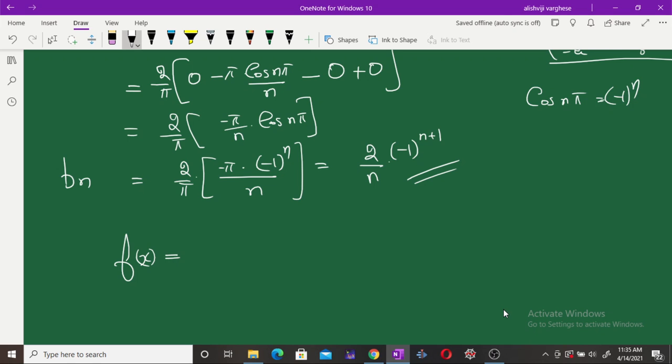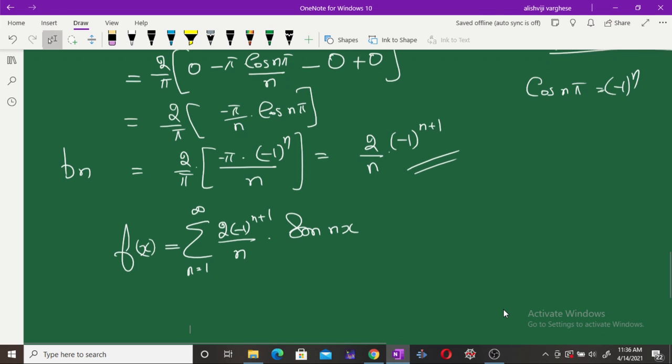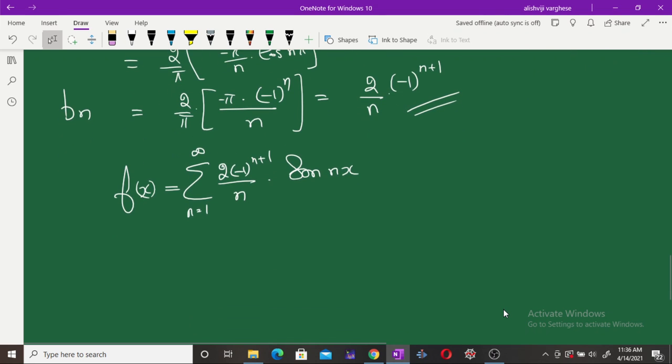Then plus bn, that is 2 into minus 1 raised to n plus 1 divided by n into sine n pi x by l, or sine nx, and n varies from 1 to infinity. So that's the Fourier series representation of the function f of x is equal to x, where x varies from minus pi to pi.